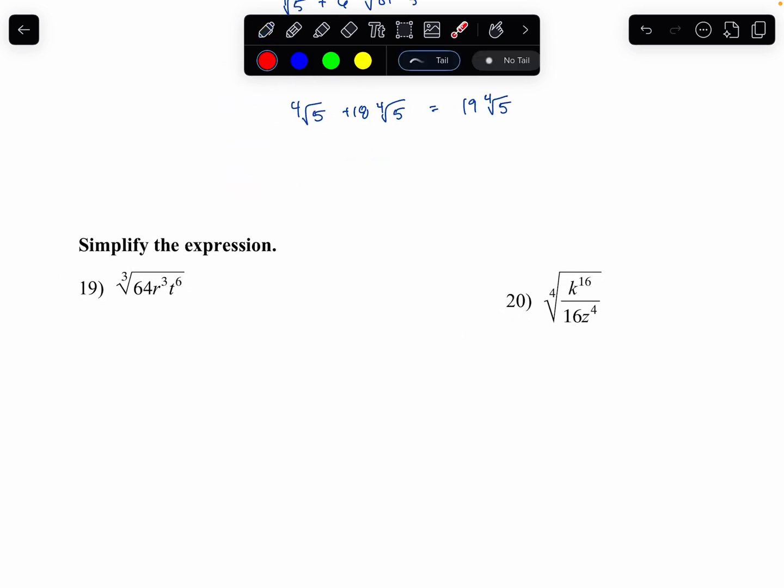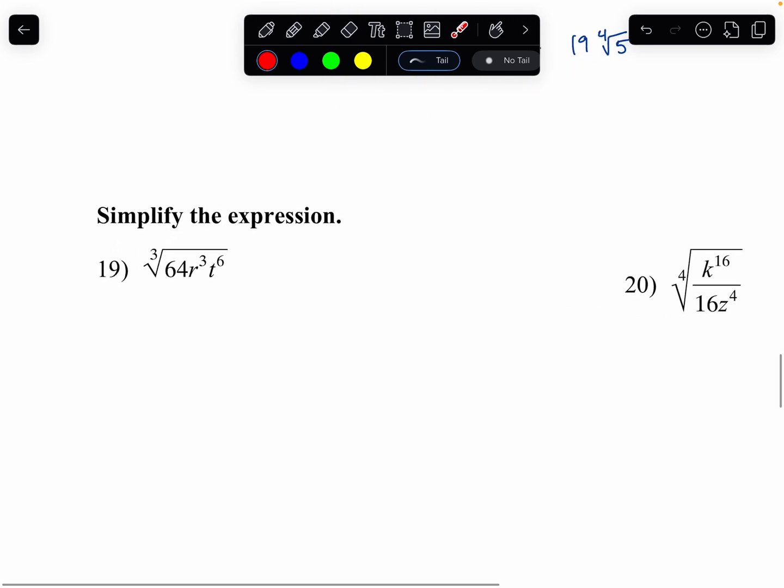Alright, simplify these expressions. So we have cube roots. So I'm going to go by constants and then go by variables to see what I can take the cube root of. 4 times 4 times 4 is 64. So the cube root of 64 is 4.